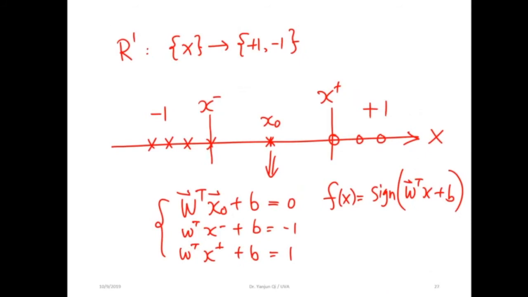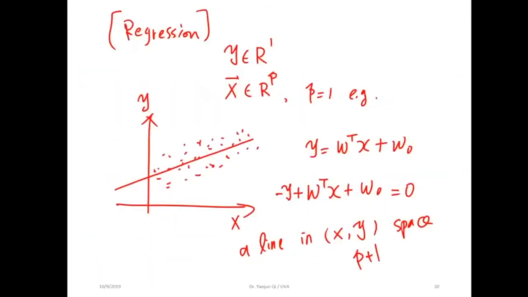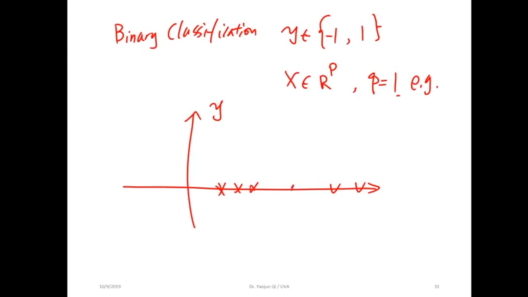The function I just defined, when having both x and y, this point gives me y0, right? This is wx. So that point is this x0 point, wx0 plus b equals 0. That is my y.